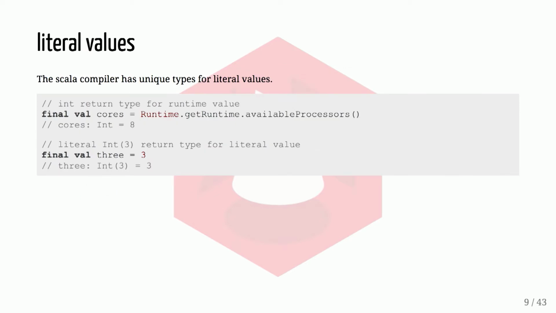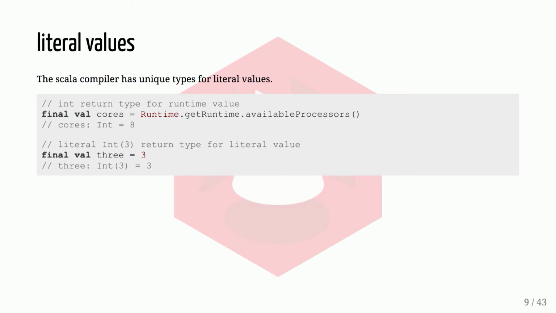Well, it's possible, maybe. I mean, it's conceivable, because it turns out that the compiler, for literal values, has special handling and gives those special types. You can see this if you create final vals. If I create a final val and assign it to some runtime integer value, like available processors, then sure, I just get back an Int.